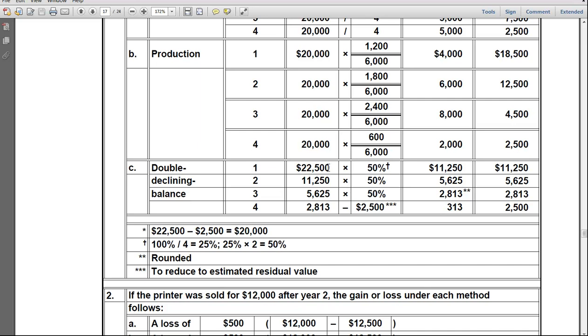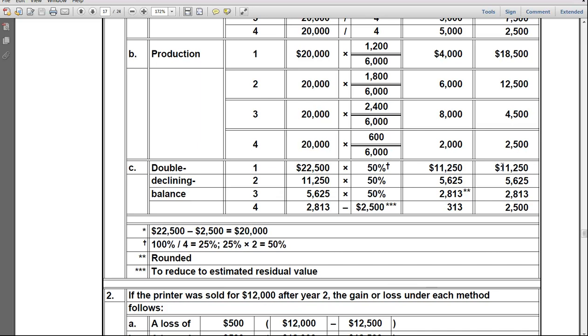So 50% of our cost, which remember in the first year your cost is your carrying value, because the equation for the double declining balance method is carrying value times our rate. So our depreciation is $11,250, and it just so happens, this is coincidental, that our carrying value is the same, because we take our cost of $22,500 minus our accumulated depreciation gives us our carrying value.